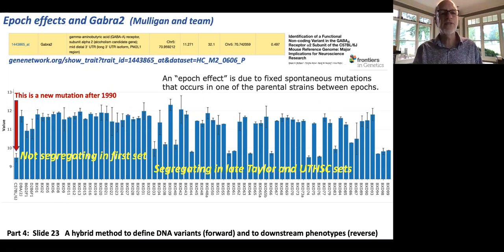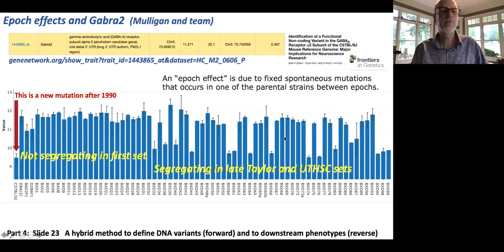So the GABA alpha 2 expression level in the hippocampus is not segregating at all in the first set of BXDs made by Ben Taylor up to BXD 32. But then in Taylor's second set and all subsequent sets of BXDs, expression level of GABA alpha 2 does segregate. And so the first question is, what the heck is that all about?